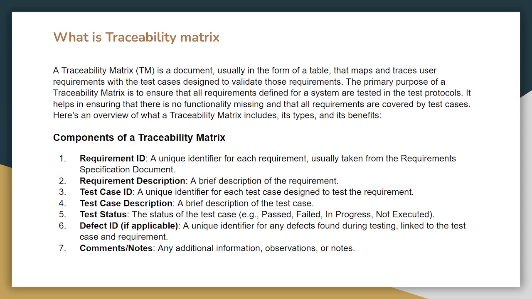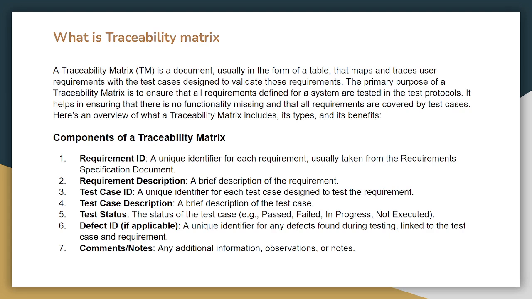First, a traceability matrix is a document, and it should have a requirement ID, a unique identifier for each requirement, usually taken from the requirement specification documents. And a requirement description, a brief description of the requirement. You will get these from the functional requirements document, the FSDs. Then you should have a test case ID, the unique identifier for each test case designed to test the requirement, and a test case description, a brief description of the test case.